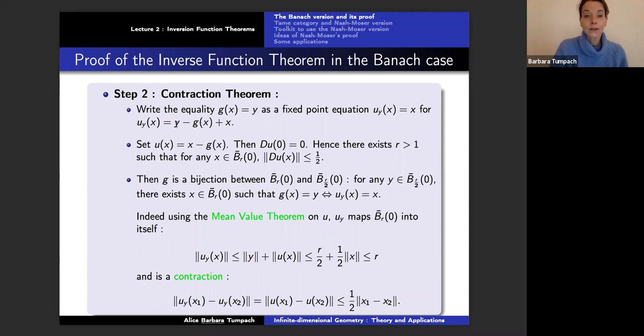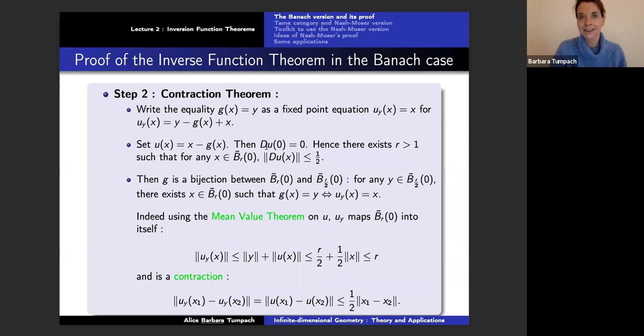For y equal to 0, we get another map, which is called u here. And we see that because the differential of g at 0 is the identity, the differential of u at 0 is 0. And this is good because we are on the Banach space, and all the maps are C1.